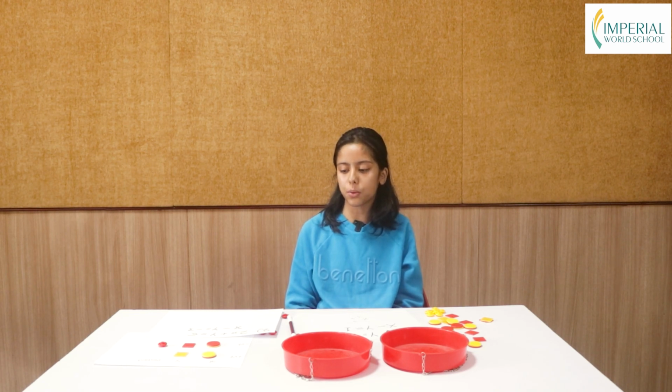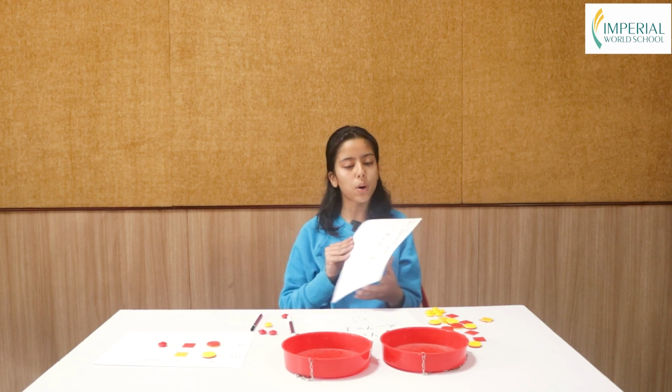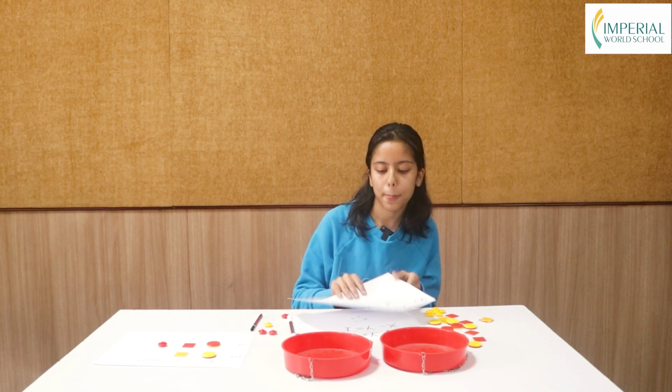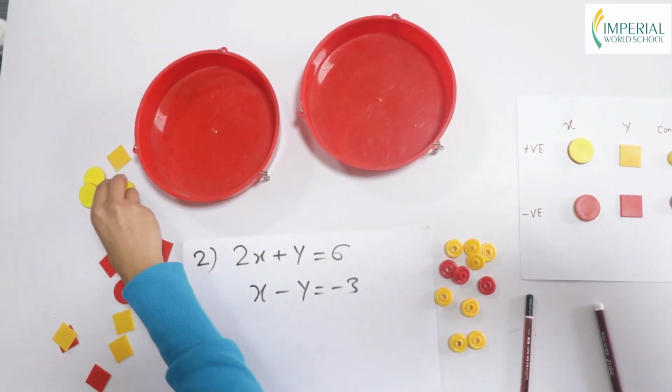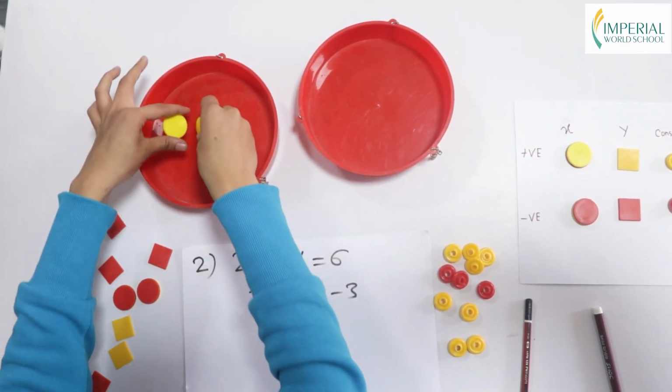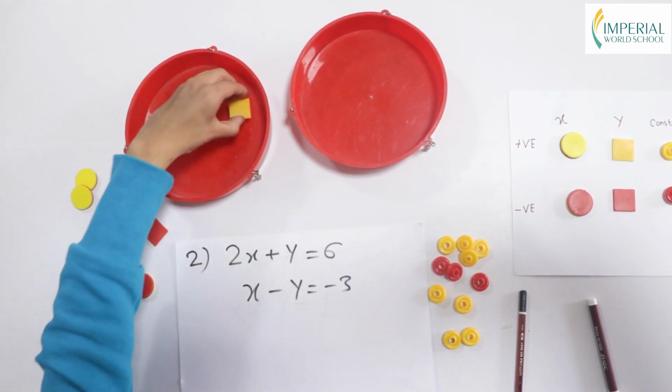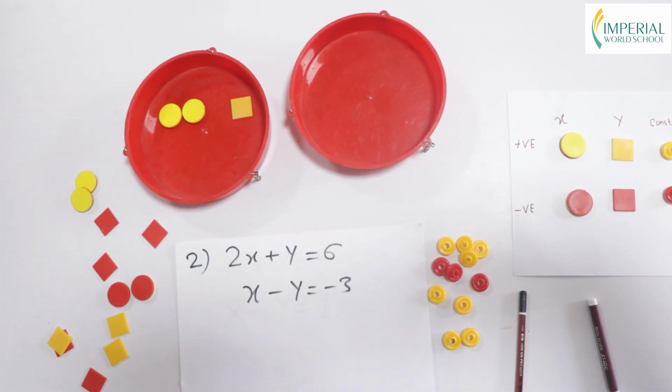Now it's time for the second equation: 2x plus y equals 6 and x minus y equals minus 3. Let's get started with this one the same way. Again, using 2 yellow circles for 2x, 2 positive x, and 1 square for 1 positive y.